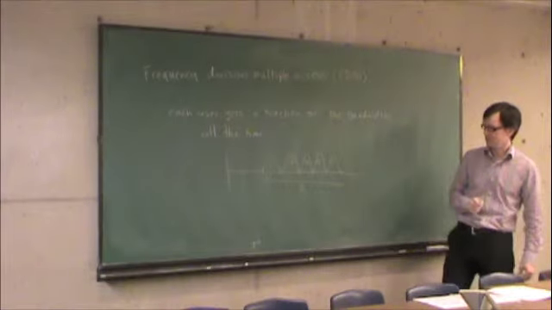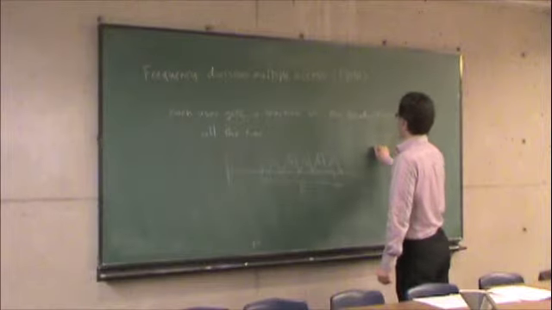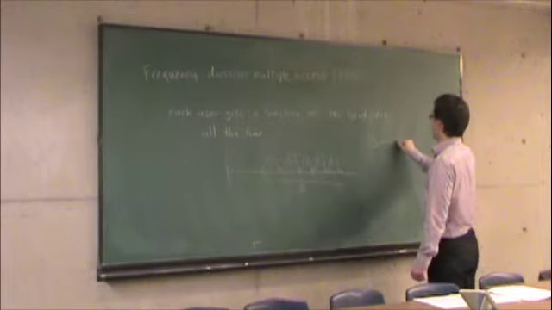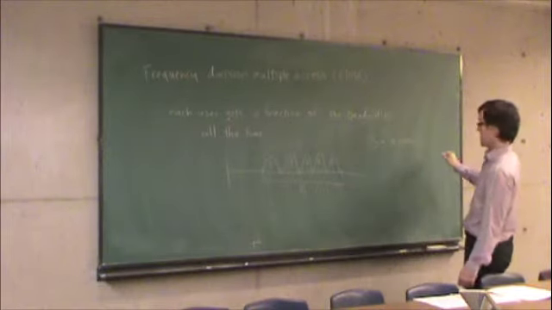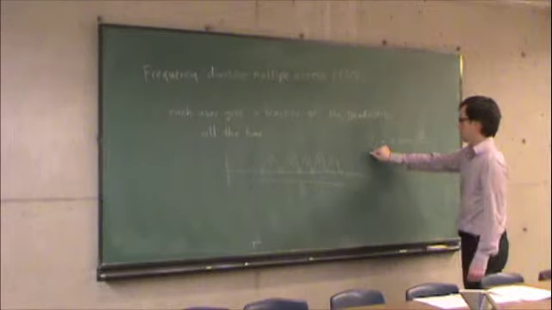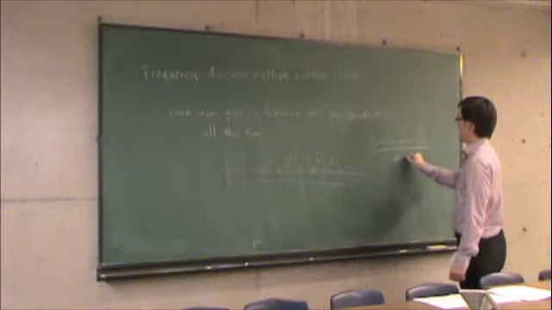So basically, each user gets the total band minus the number of users times the size of the guard band, BG, again divided by the number of users.